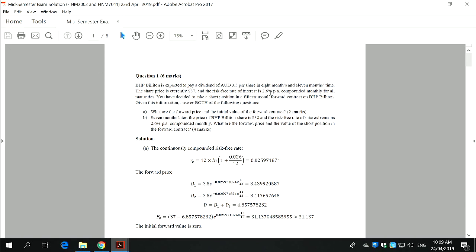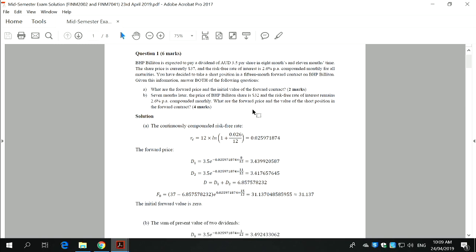The risk-free rate is 2.6% per annum compounded monthly for all maturities, and you've decided to take a short position in a 15 months forward contract on BHP. So given this information, you're asked to work out what is the forward price and what is the initial forward value.